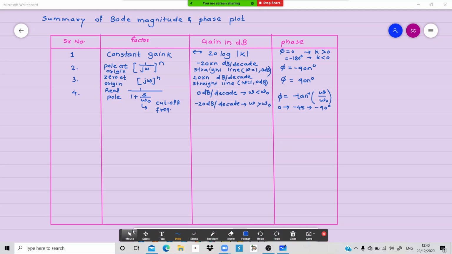Correct? Yeah. Then exactly the reverse for a real zero. A real zero means 1 plus s upon omega naught, and again this is the cutoff frequency.